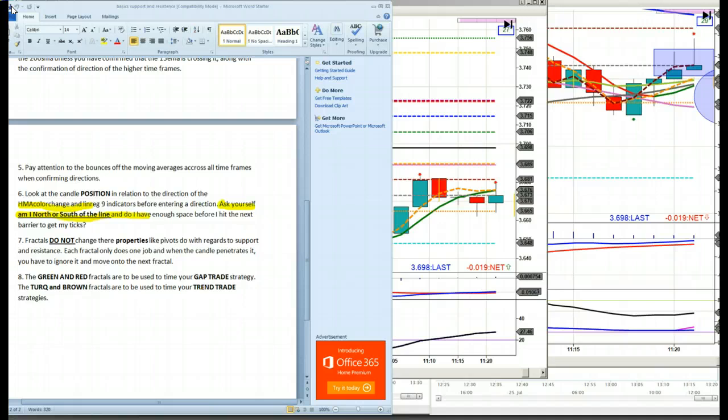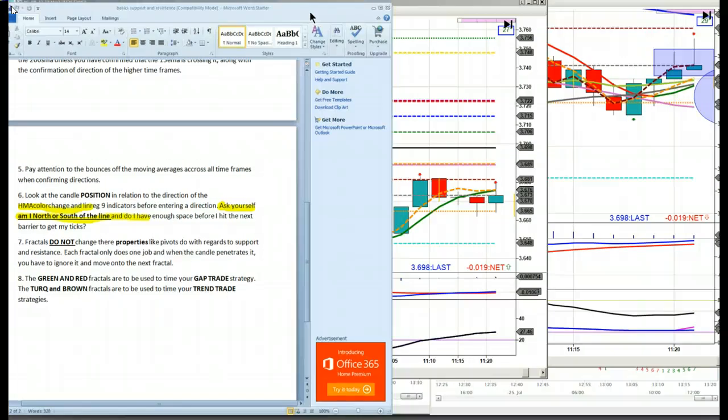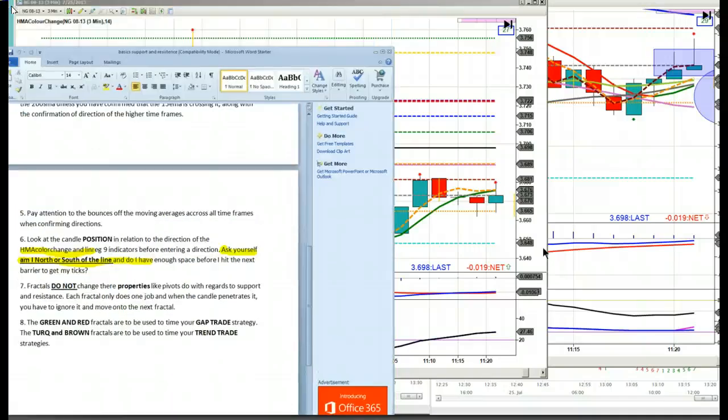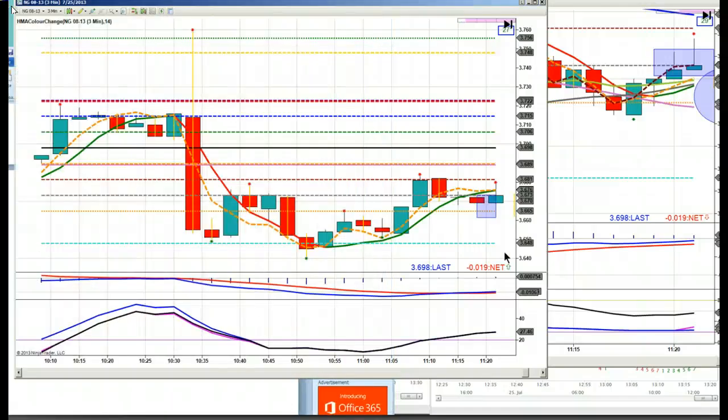Okay, and if you look at the 3-minute chart, what did I just demonstrate that you're going to be looking for? So all those people who said the candle is below the HMA, you get yourself a chocolate chip cookie. Well done. You were paying attention. That's what I just demonstrated.